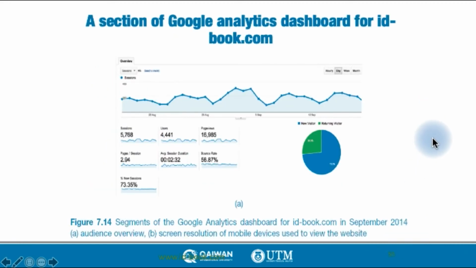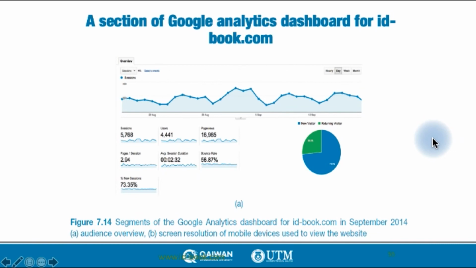So this is an example of the Google Analytics dashboard for idbooks.com. Here, a developer can monitor the users' activity on that website.